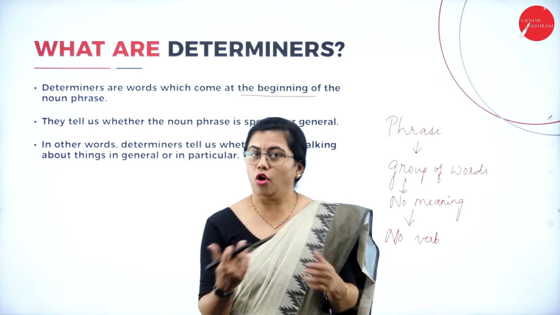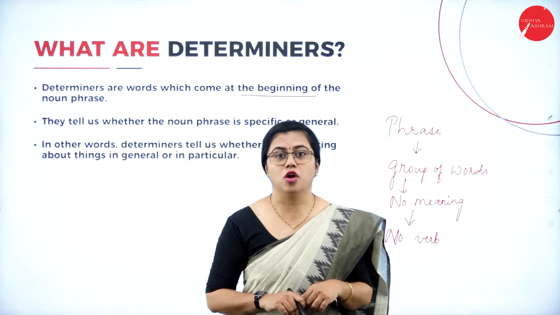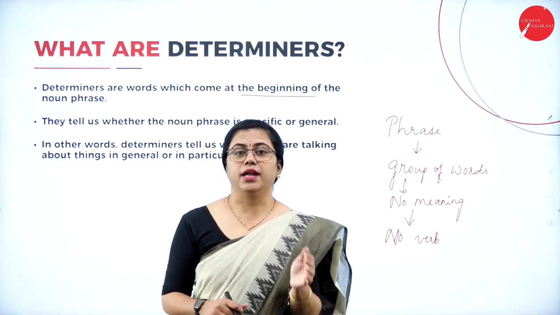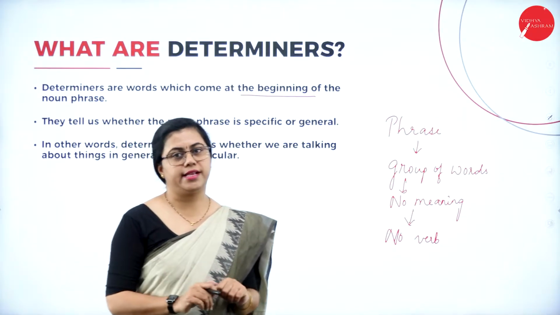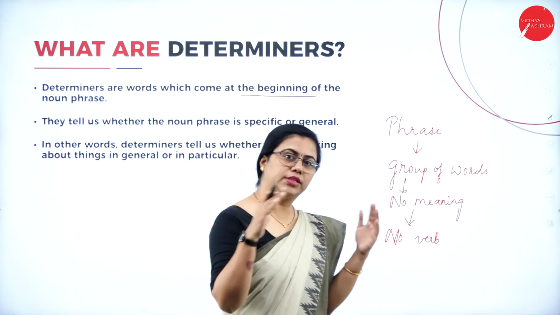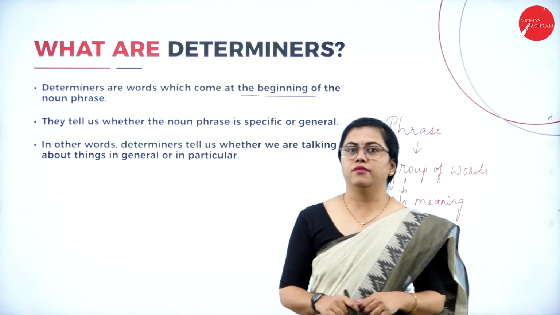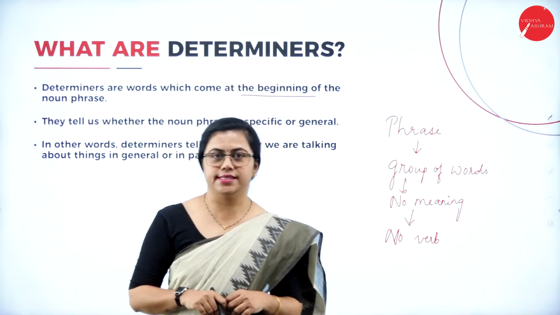It may or may not have a meaning. An independent clause only has a meaning, but a dependent clause will not have a meaning, and that is not called a sentence. But both independent as well as dependent clauses will have verbs in them. An independent clause is called a sentence.